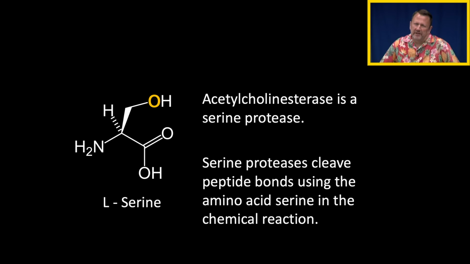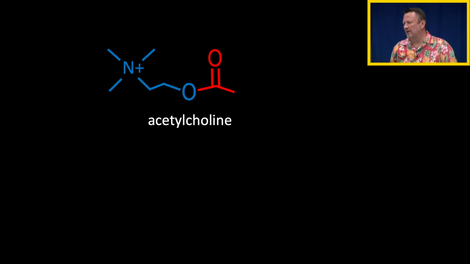Acetylcholinesterase is a serine protease. That means the amino acid serine is involved. That little oxygen group is the knife edge of the protease. The protein is going to lay the molecule perfectly down across this knife edge so it can split the peptide bond apart. Here it's the bond between the acetate and the choline.